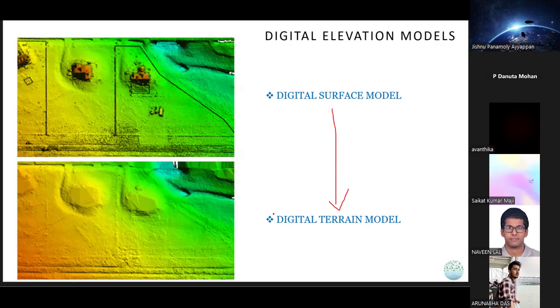This has been removed using the point cloud data. There is a process called filtration, where we use various software. One commercially used software is Patik, where we manually filter the point cloud data and generate the digital terrain models.